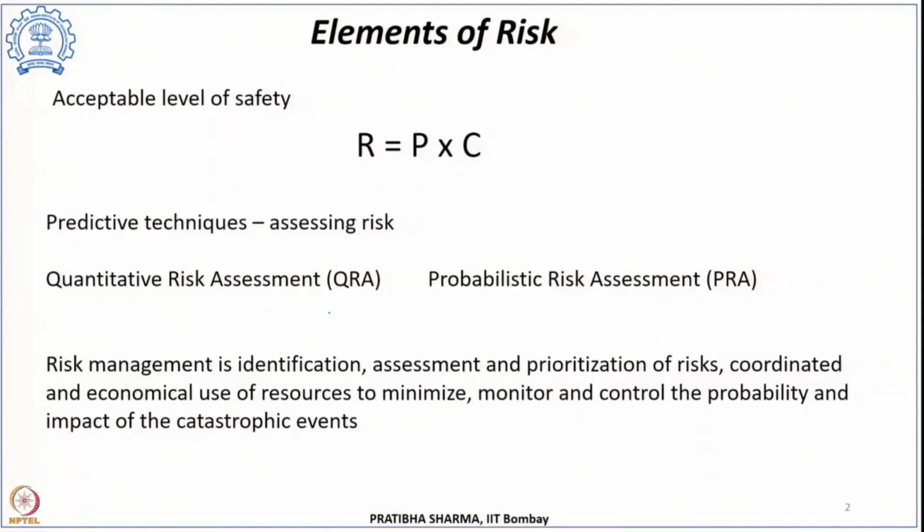As far as the safety issues of hydrogen are concerned, we'll measure safety in terms of safety risk, or element of risk. That is the multiplication of probability of risk and cost, in terms of capital cost, or maybe human life cost.